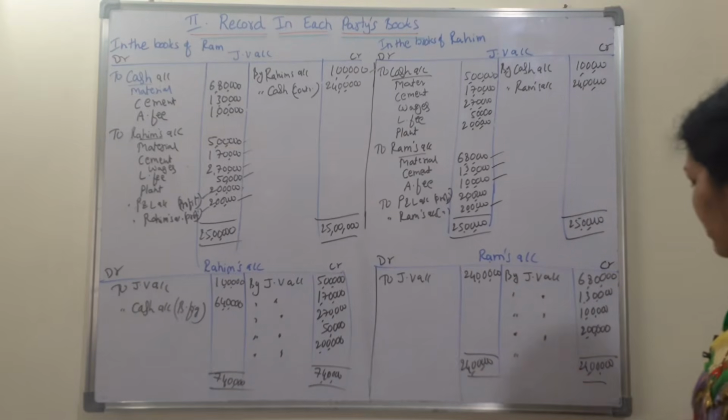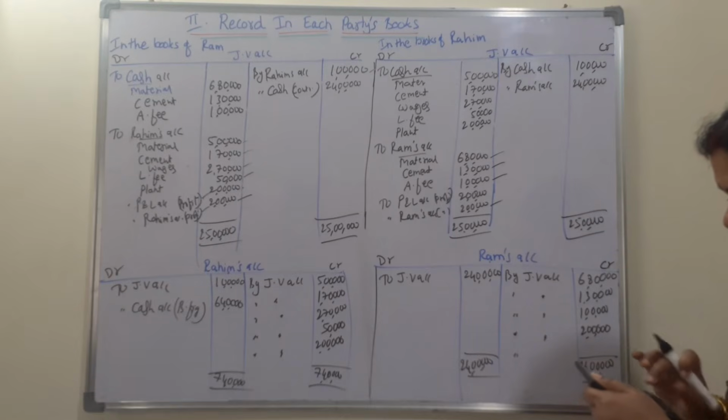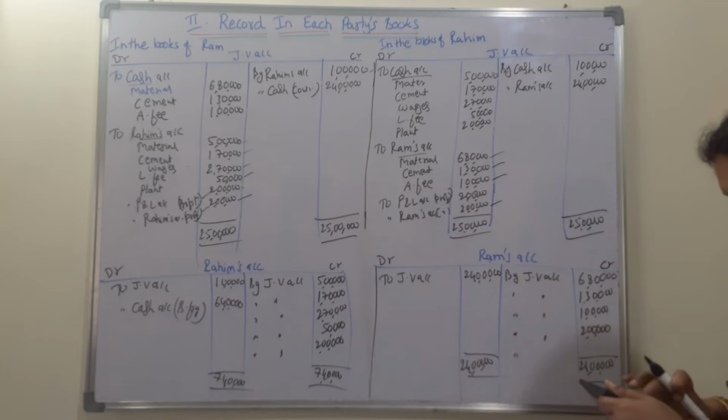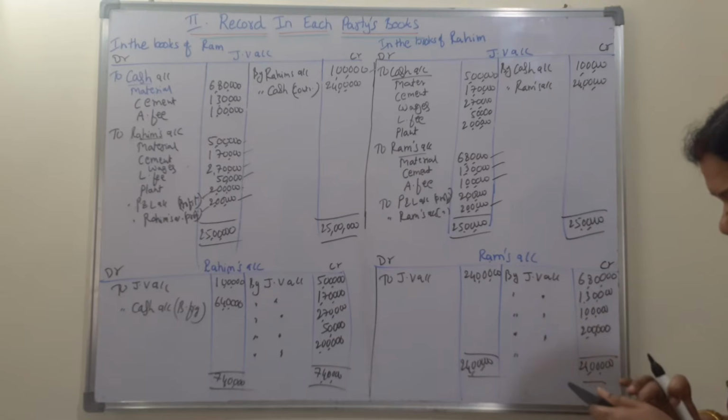So we'll use the calculator. 24 lakh minus 6 lakh 80,000 minus 4,30,000.